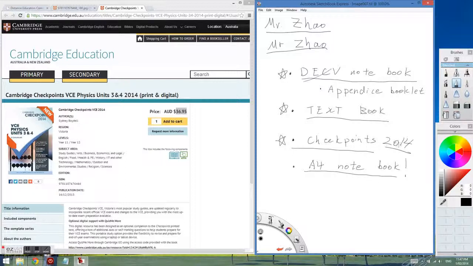If you have a 2012 version and send me that email, your question and my question don't match, and I have no idea which question you're talking about, unless you can send a screenshot or an image. So it makes our life easier: please have the 2014 study guide Checkpoints.